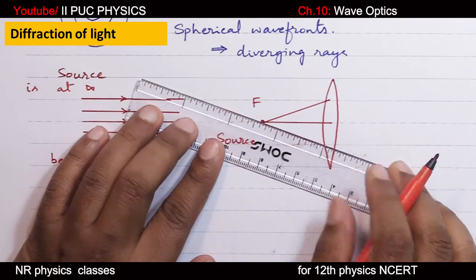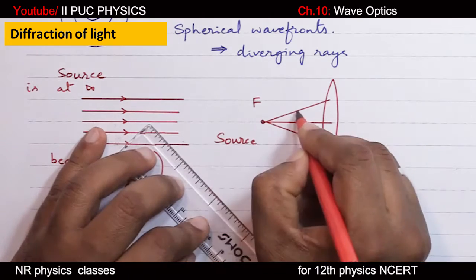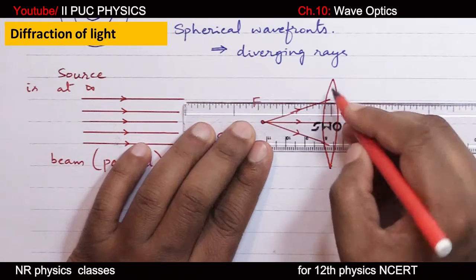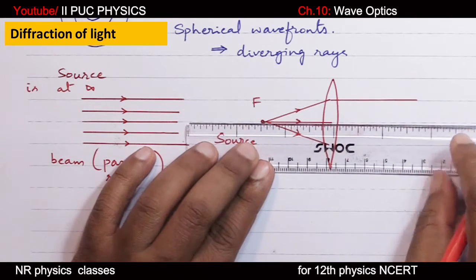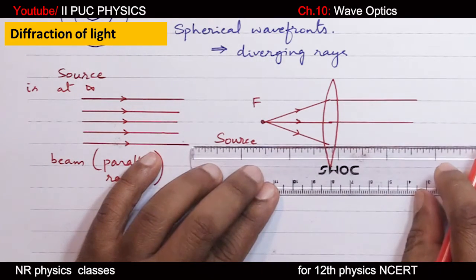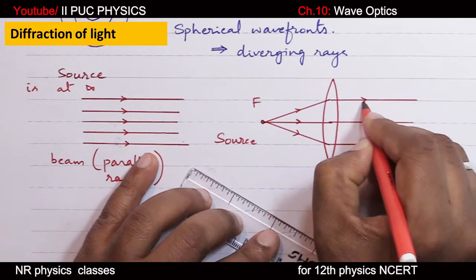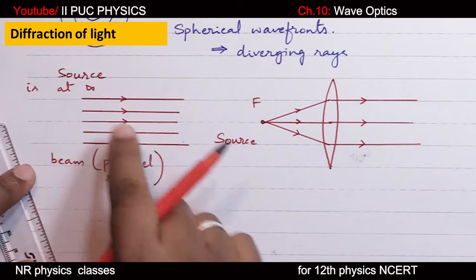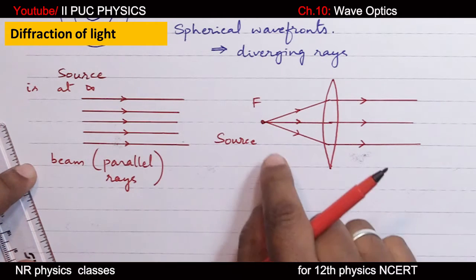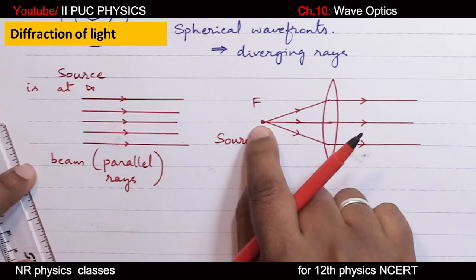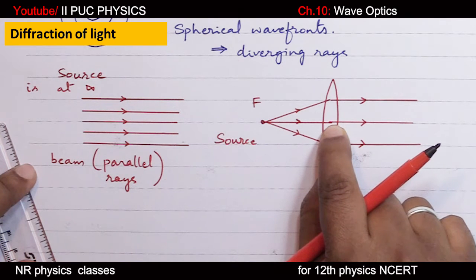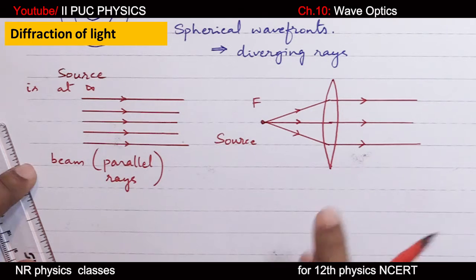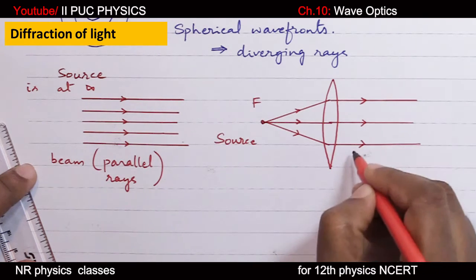This we have understood in ray optics. So these are diverging rays, and after refraction through the lens, they become parallel to each other like this. So source is at infinity, parallel rays. In laboratory condition, source should be at the focal plane of the lens, then diverging rays will become parallel. So this is according to ray optics.